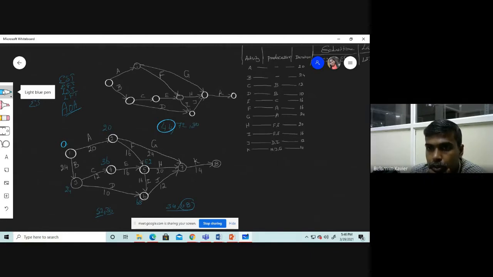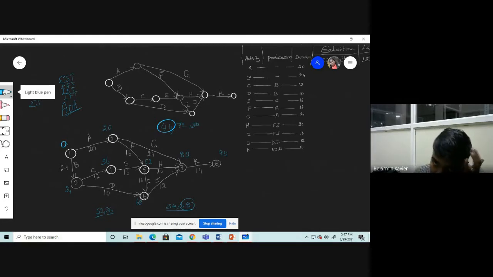So we have to choose the maximum value. 80 is the possible earliest finishing time. Then for activity K, 80 plus 14, 94. Okay. So the total duration of 94 is the earliest possible completion of the project.